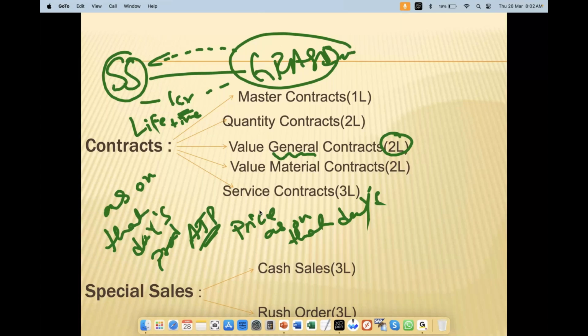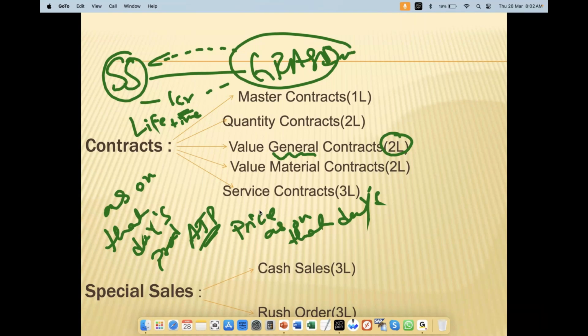All right. So understand the logic here, understand the purpose here. Value contract general is a commitment for an amount that can be claimed for any product, on any date, till the company and customer both are alive.